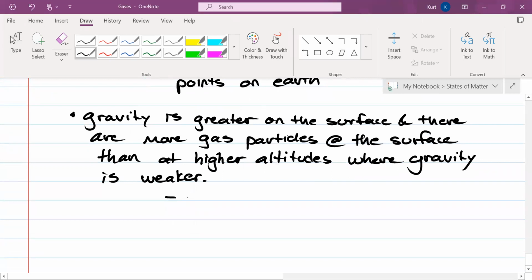So pretty much air pressure is greater at sea level and weaker up in the higher altitudes, like in mountains and the higher levels of the atmosphere.